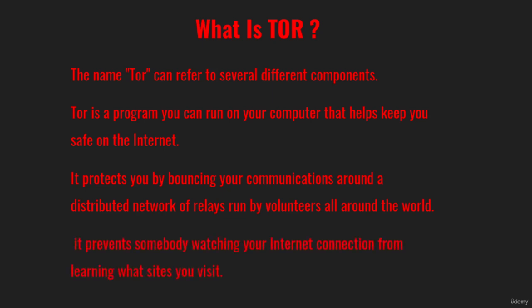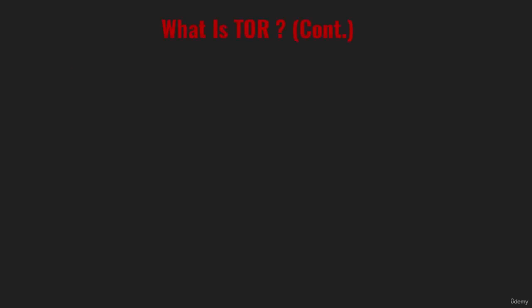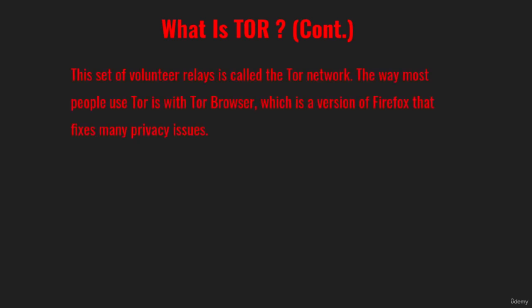It prevents somebody watching your internet connection from learning what sites you visit. This set of volunteer relays is called the Tor network. The way most people use Tor is with Tor Browser, which is a version of Firefox that fixes many privacy issues.